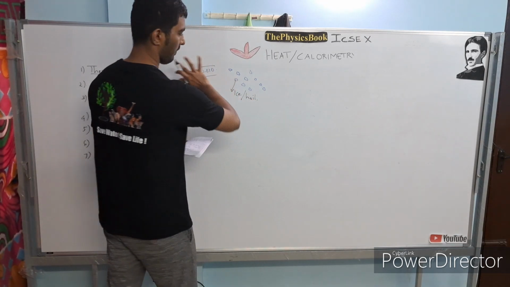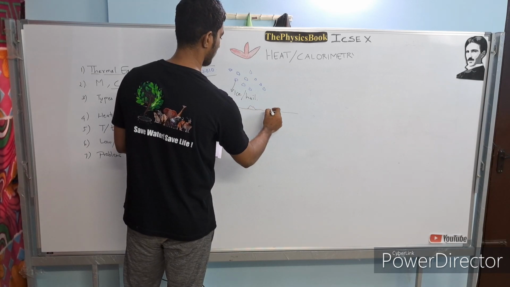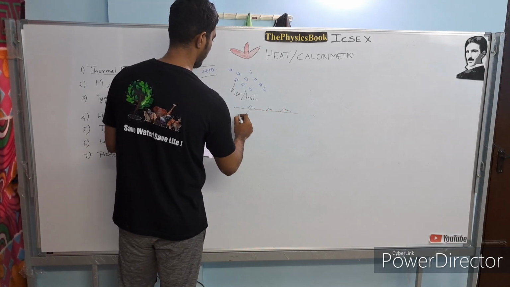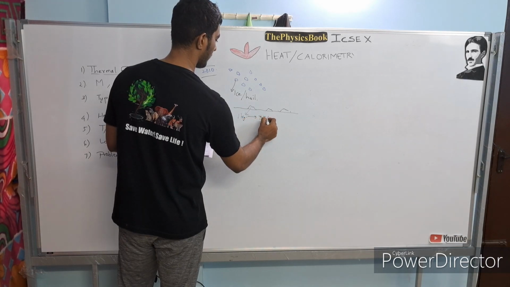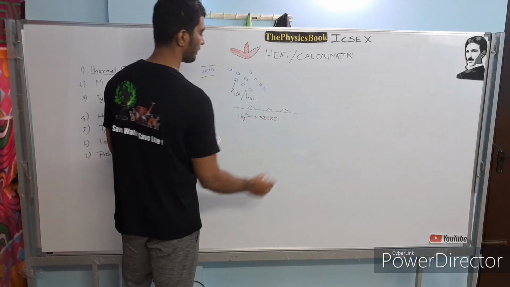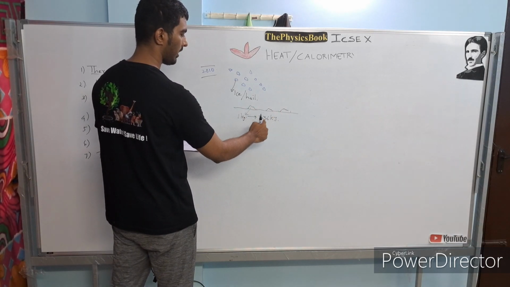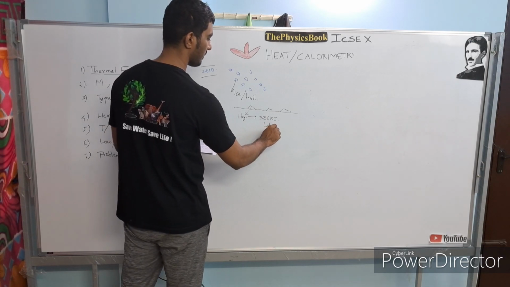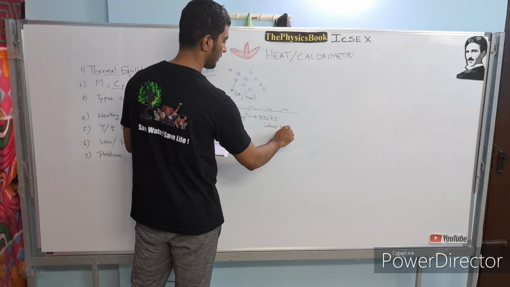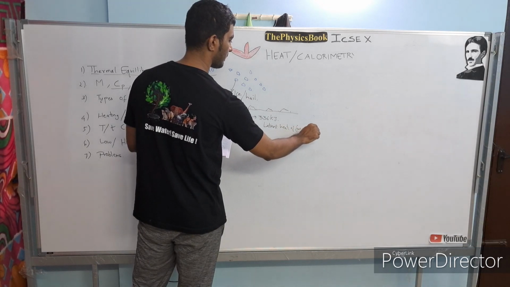When the hailstorm occurs and it falls to the ground, for each kg, it will absorb 336 kilojoules of heat. This 1 kilogram of ice can take in 336 kilojoules of heat. This is nothing but the latent heat of fusion of ice.